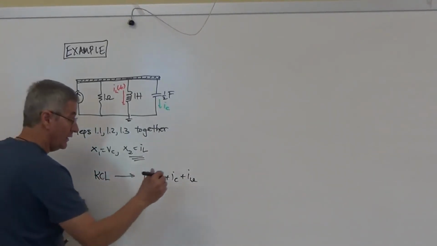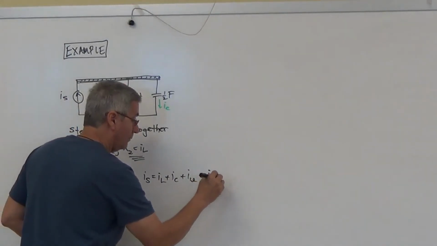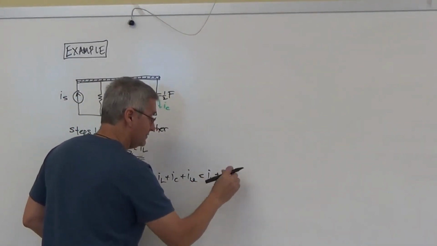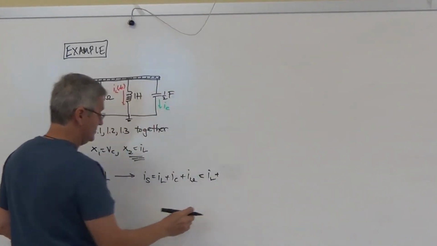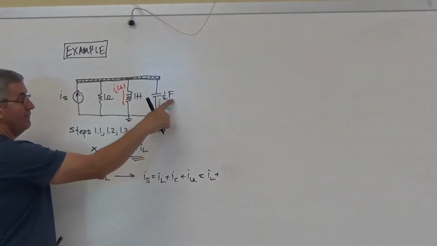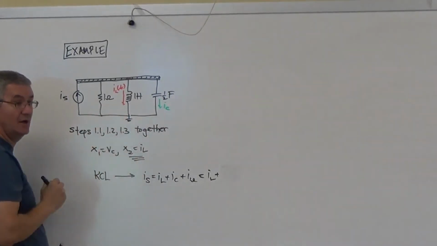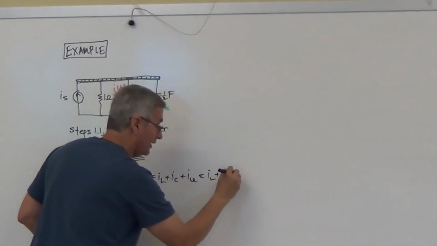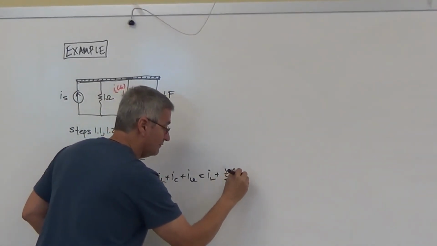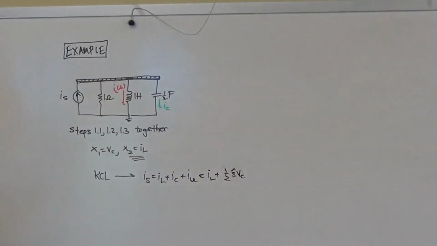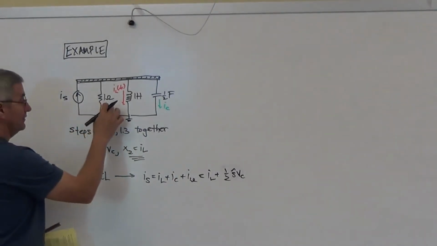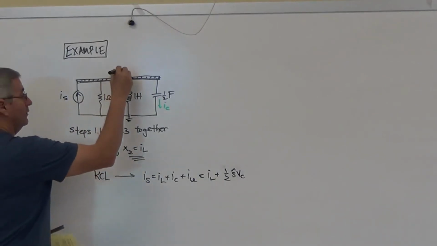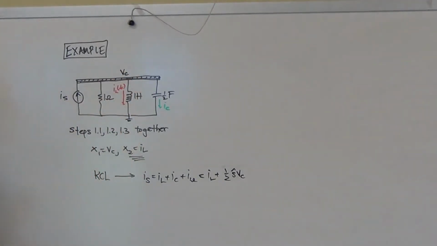So here we go. Then I go IL plus CS hat, I'm sorry. Since we're talking about these numbers being nice, I'm just going to use that number 1/2. So I'm going to write 1/2 S hat VC. Then I look at this resistor here, and I see there's only one node, VC.